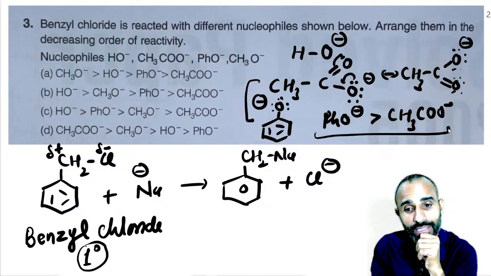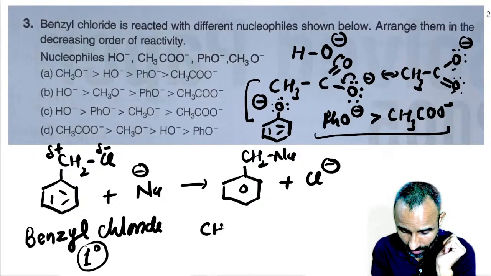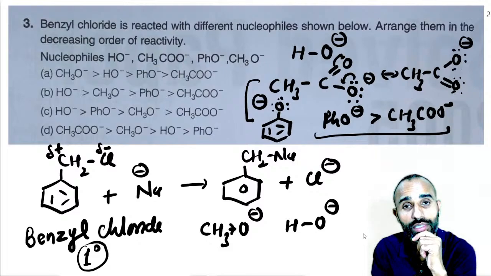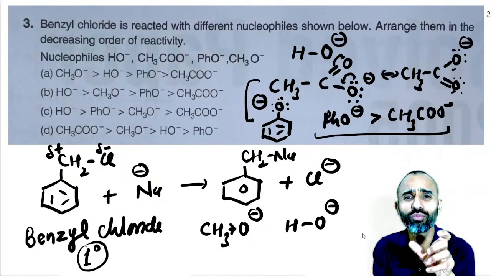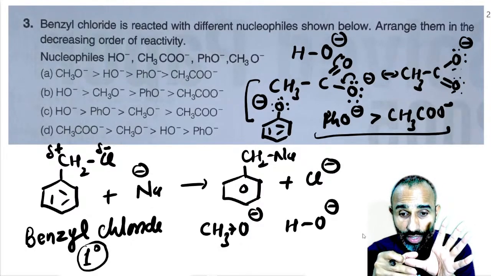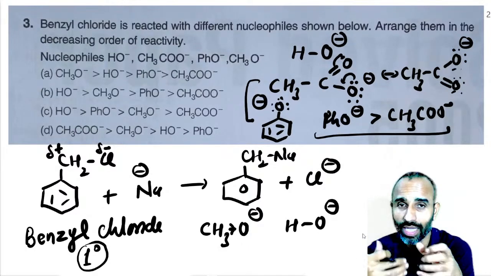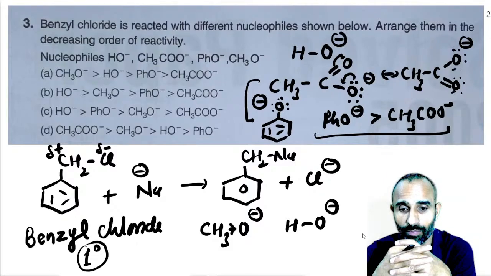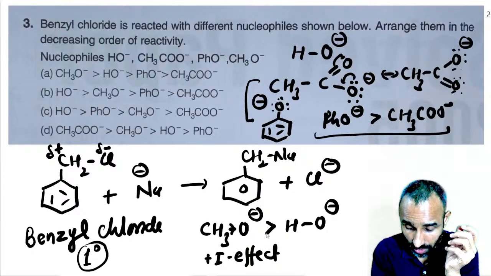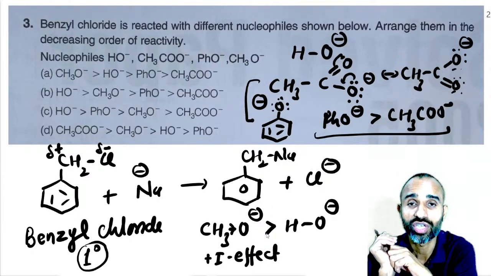If we compare CH3O negative and HO negative, the CH3 group is electron releasing, and it will not cause more hindrance to oxygen because it is still small. If it is a tertiary butyl group, then there is steric hindrance. Due to the plus I effect, it will increase the negative charge and the nucleophilic strength.